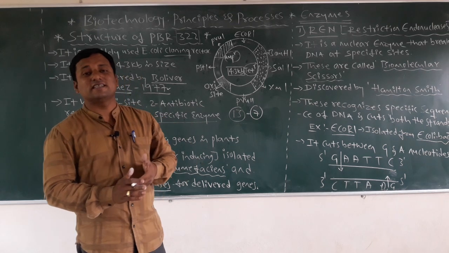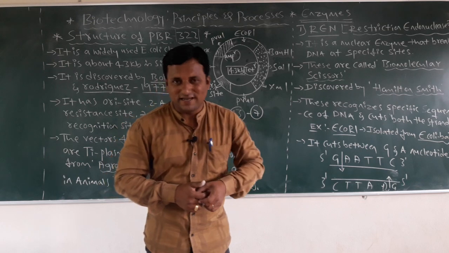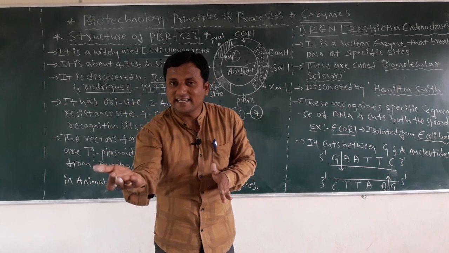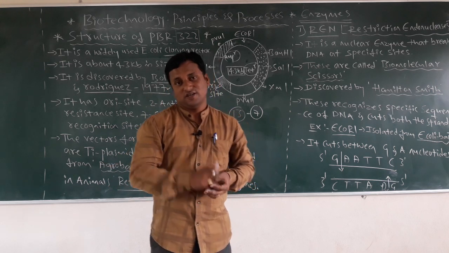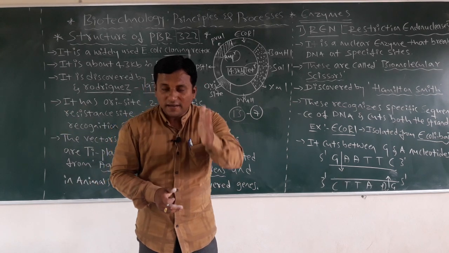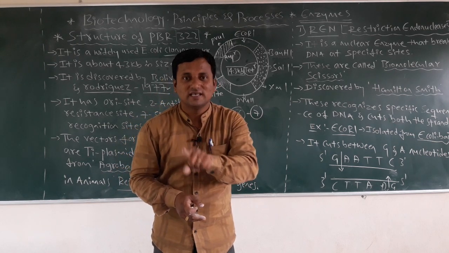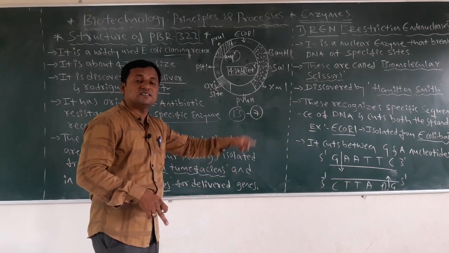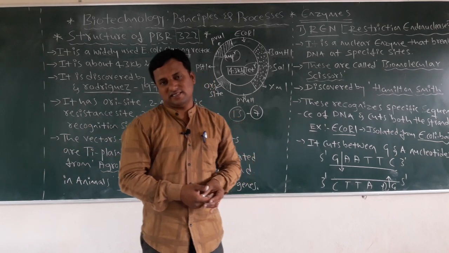Those viruses are called retroviruses. Basically, retroviruses are pathogenic viruses. These can be made genetically non-pathogenic, because they move very rapidly into the host body. That's why they are made non-pathogenic instead of pathogenic. Then they are used for delivering genes into the animals.